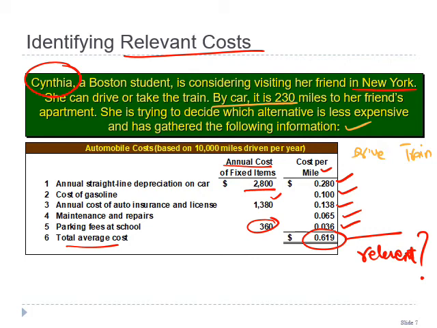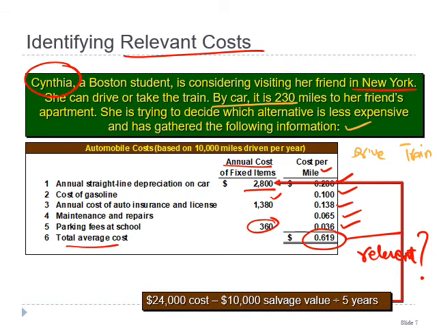Of course not. Some costs are avoidable and some costs are unavoidable. And whose cost is relevant? The avoidable cost is relevant cost. So let's explore this example further. How is this depreciation calculated?